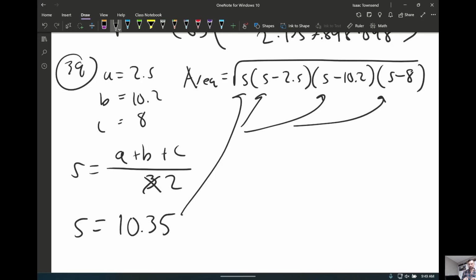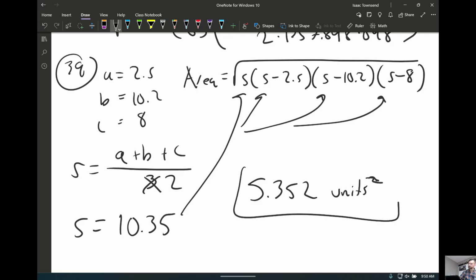Otherwise, I'm going to type that in the calculator exactly the way it looks. And it's an area, so the unit should be square.